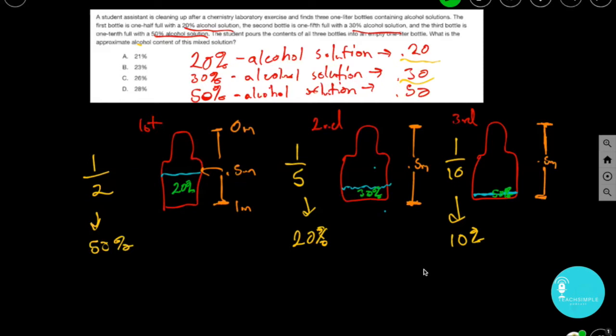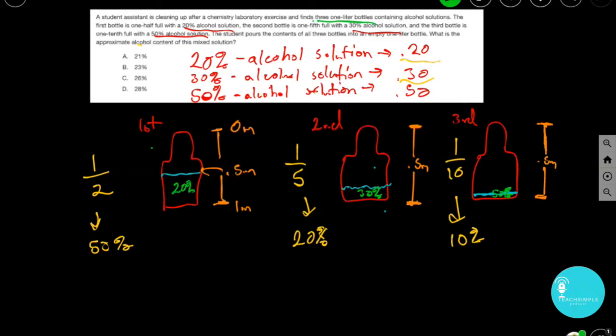So we want to figure out what is the approximate alcohol solution in this mixture. As you can see here, we have these three bottles that are 1 liter, but they have different levels of alcohol content in them. The first bottle is half full and only 20% alcohol solution.